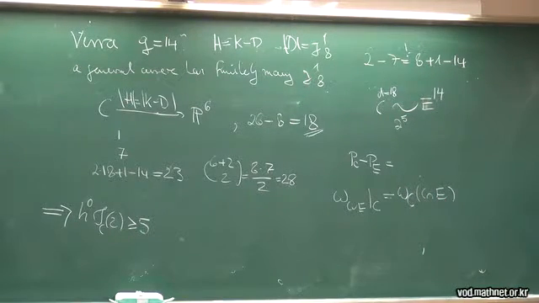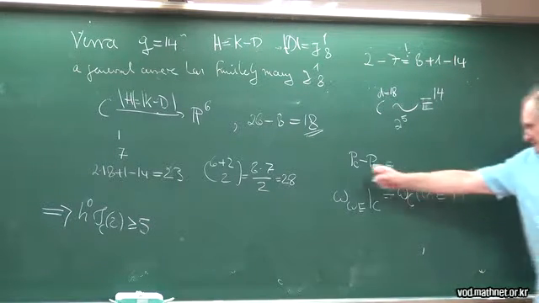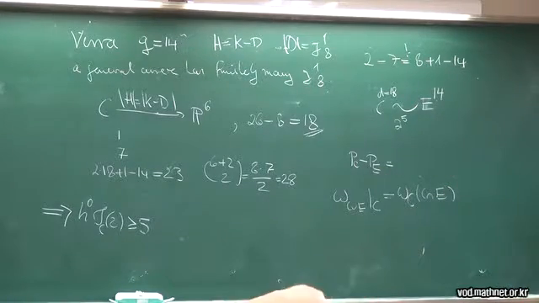So if I take the difference between these two, I'm going to get the difference between the genus if I divide it suitably. So what should I do?